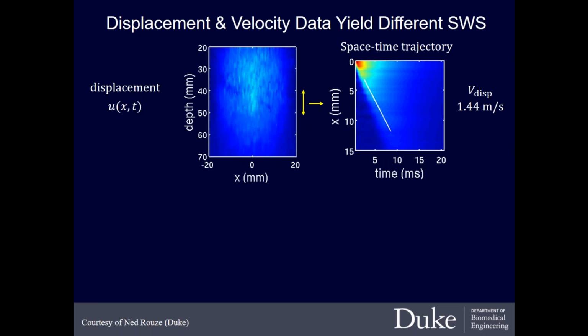So the excitation starts in the upper left corner, and as you can see, the trajectory that the line is fitting down and to the right, the slope of that line, is indicative of the speed, using the same sort of arrival time metrics that we mentioned before.